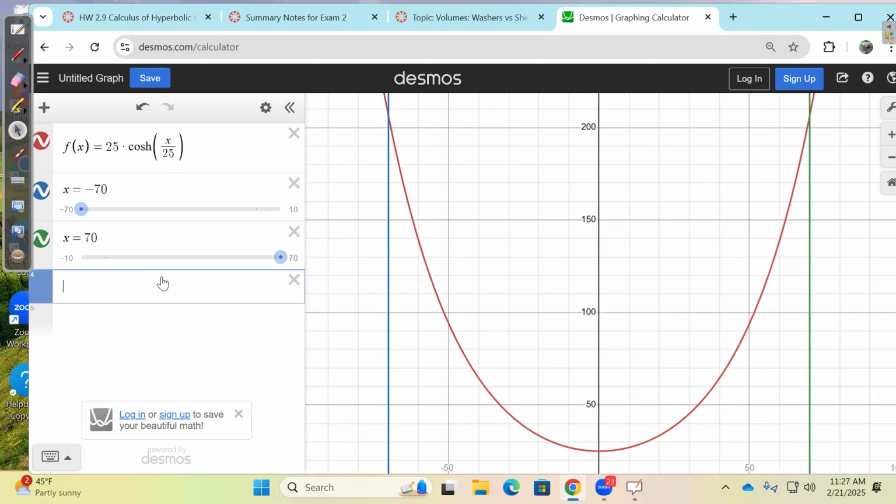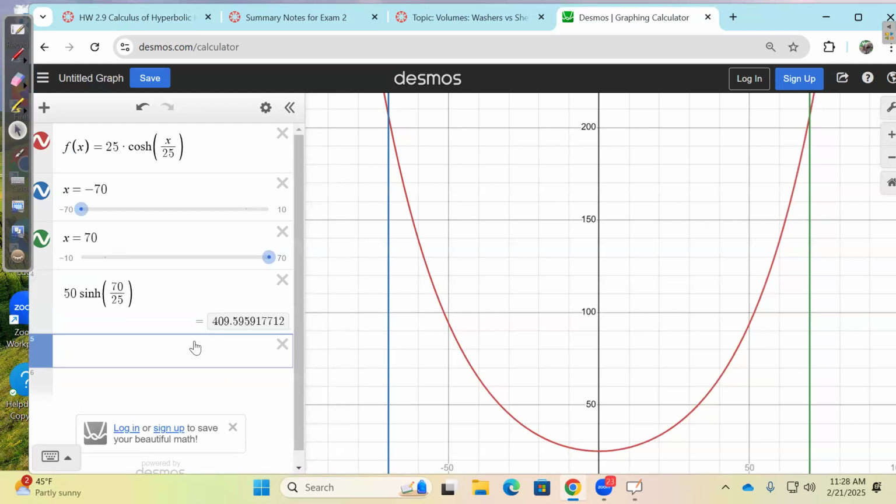So again, I think my answer is 50 times the sinh, we'll put an h in there, of 70 over 25. So I think that should be the arc length. I'm going to check with the integral. I think I'm going to just enter an f prime. So let's call f prime a.